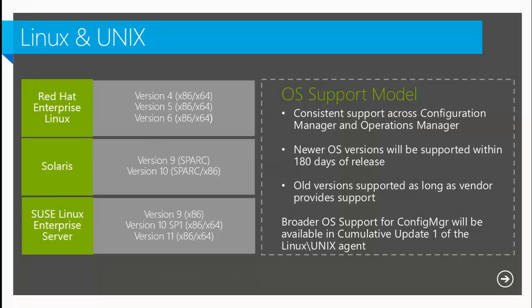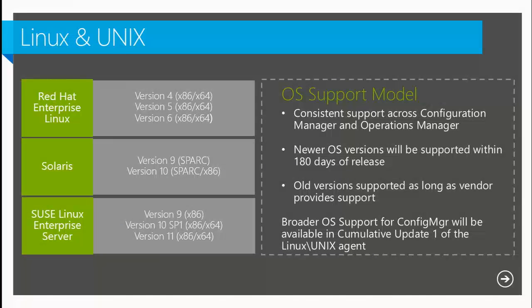So we are going with a model of consistency across Configuration Manager and Operations Manager for a full complete management story. The new operating systems are supported within 180 days from the day that they're released and throughout the time that the vendor supports them.